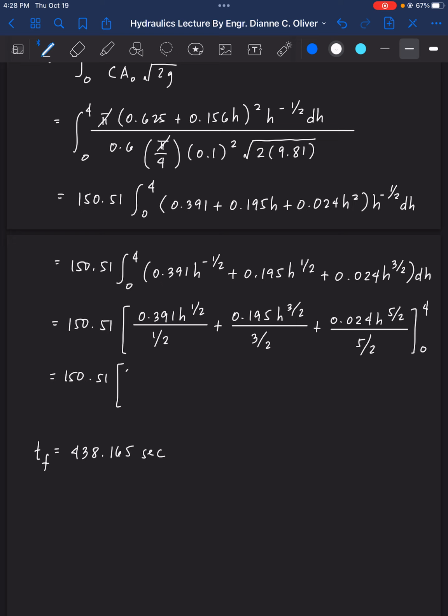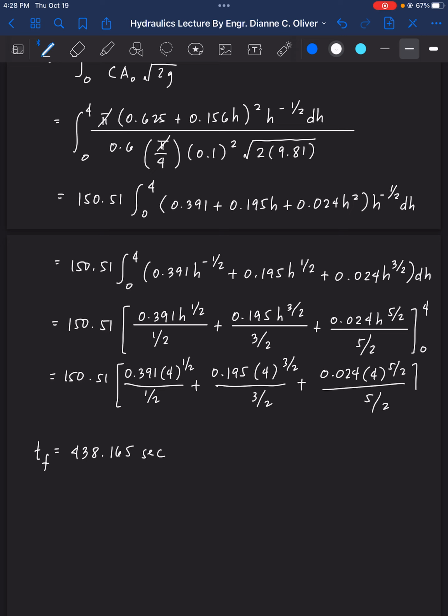So 0.391 times 4 raised to 1/2 over 1/2 plus 0.195 times 4 raised to 3/2 over 3/2 plus 0.024 times 4 raised to 5/2 over 5/2.